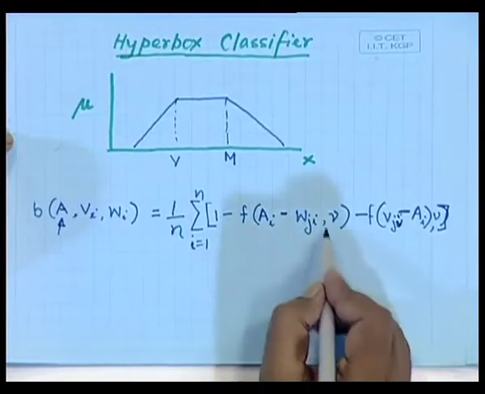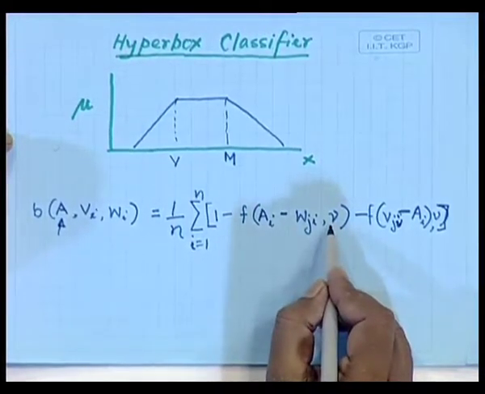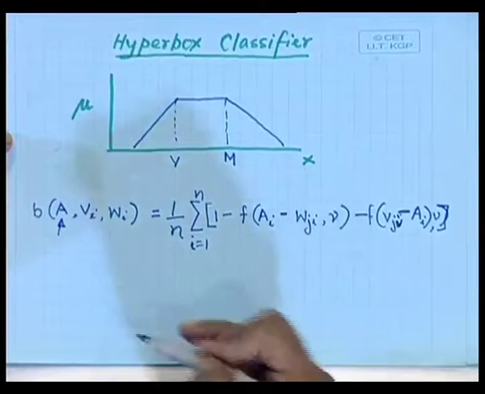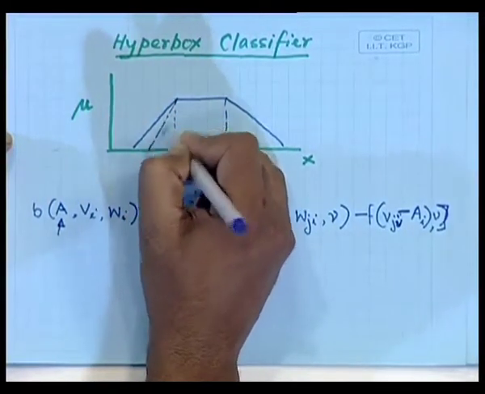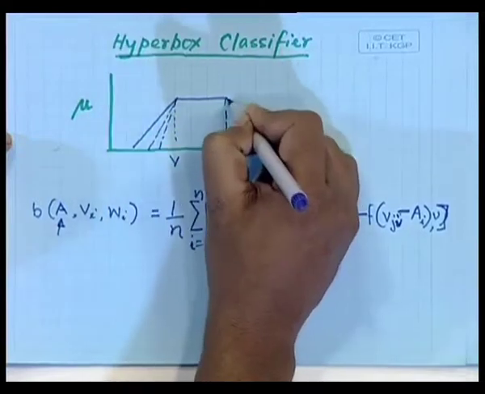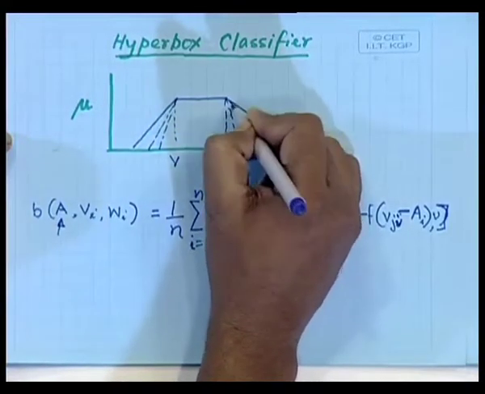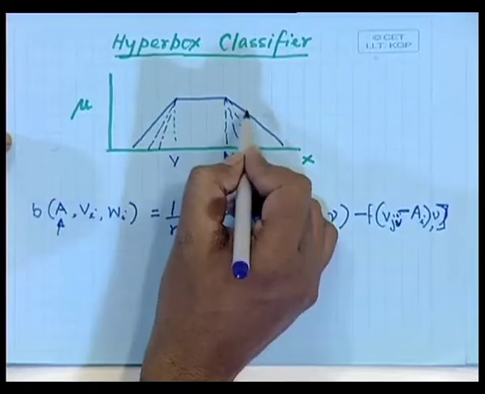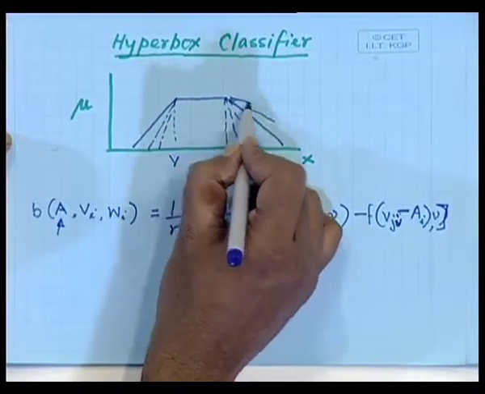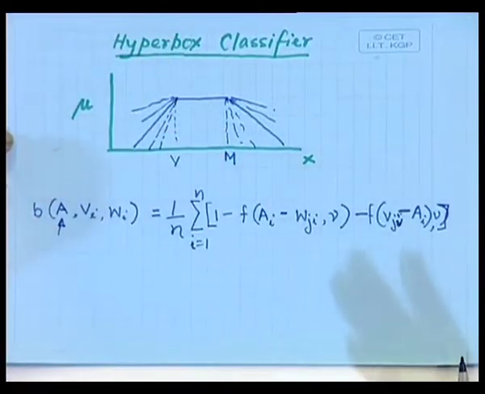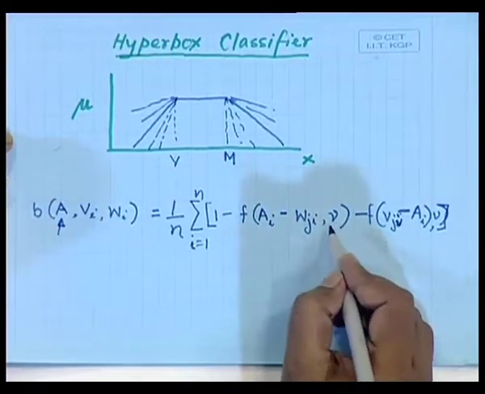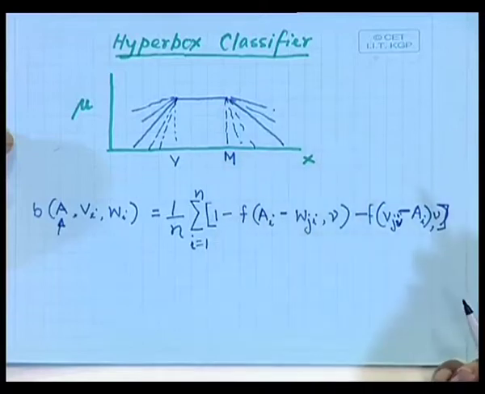If the value of gamma is more, then the fuzziness will be less, more towards hard classification, because I will have steeper slanting lines like this, whereas if I reduce gamma, I will have flatter lines like this, which increases the fuzziness. So gamma controls the degree of fuzziness.